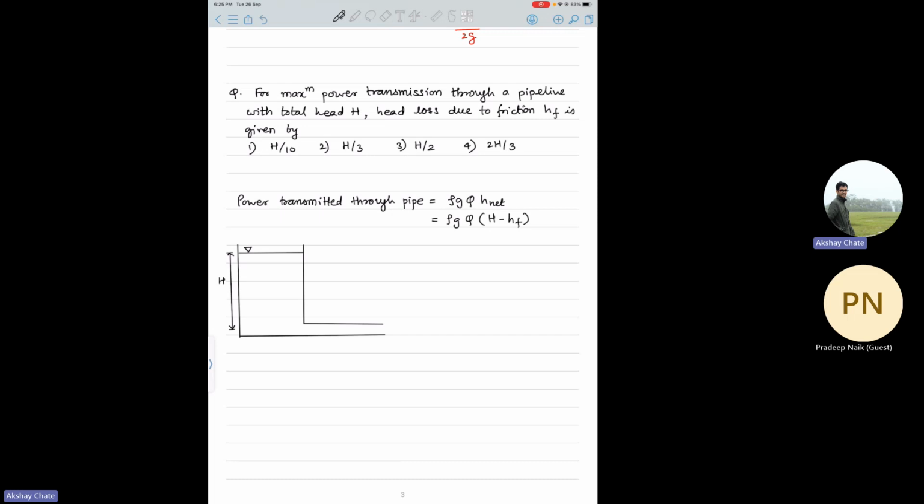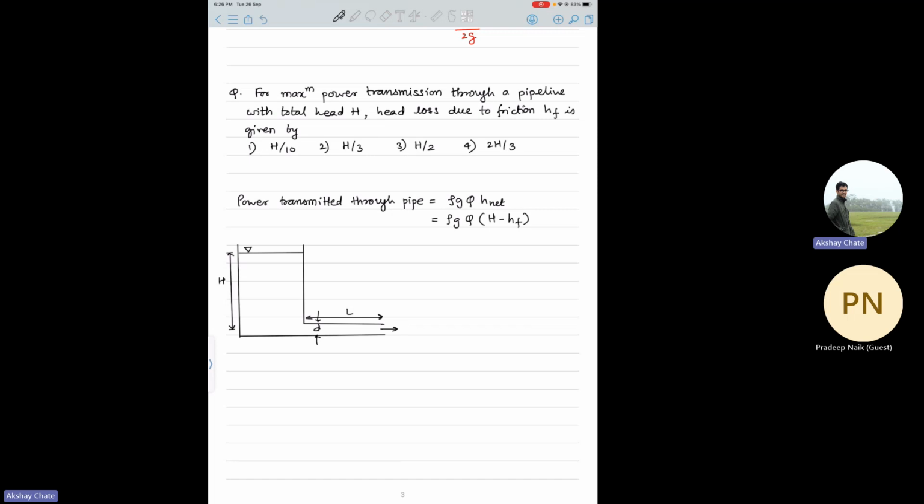But just for simplification, we are taking a large tank, and at the end you have some pipe of length, let's say L, and diameter D. And at the end, fluid is coming out into the atmosphere.